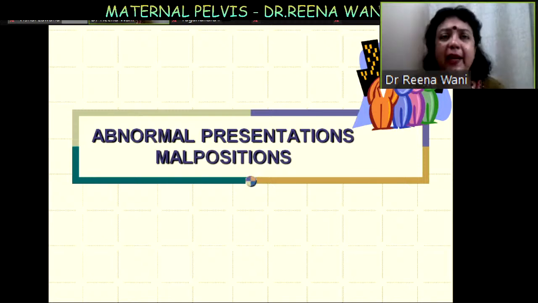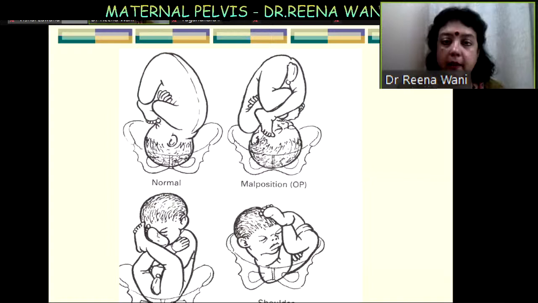Now, when I say malposition, we are talking about only one particular thing, which is occiput posterior. Here you can see in this picture, I told you that left occiput anterior or transverse is considered to be one of the most common presentations. This is showing you right occiput posterior. Again, it is falling in the right oblique diameter.